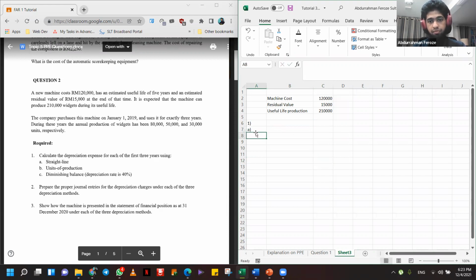A is straight line. So we have to, regardless of the year, each year it's the same, right? So say you take year 1, year 1 depreciation equals, what should it be?